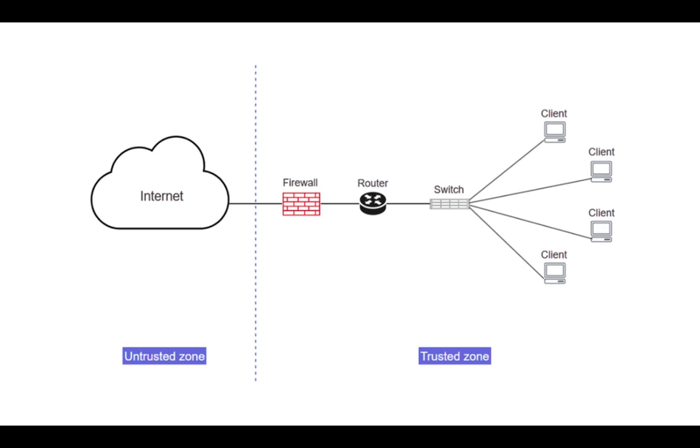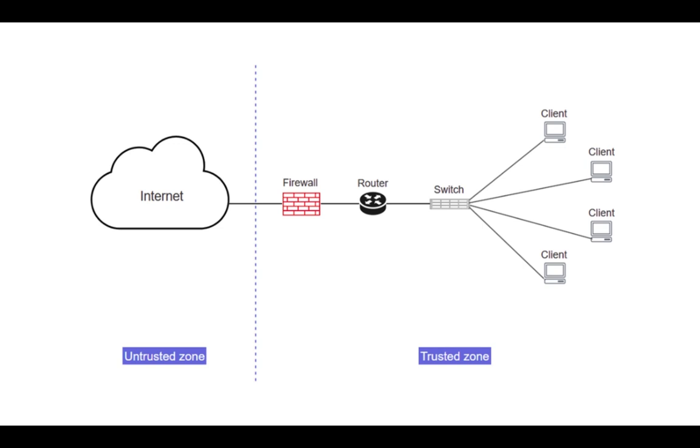This means that it can recognize if a packet belongs to an existing or a new connection and apply different rules accordingly. This type of firewall is more secure and flexible than packet filtering, but it also requires more resources and processing power. Another type is an application level gateway.